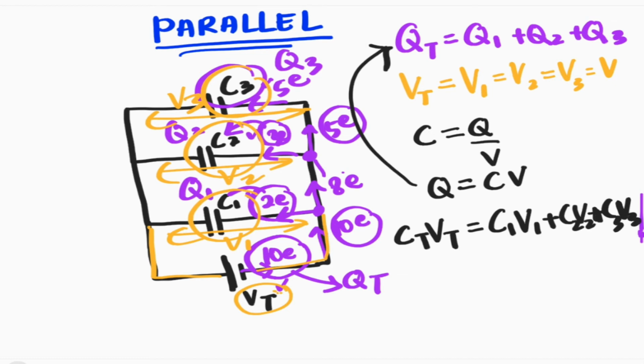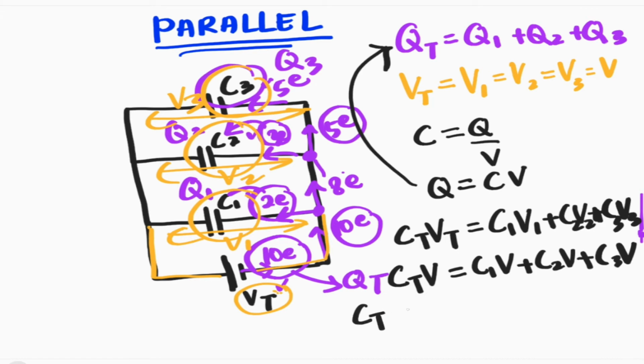And then we know that the voltage is all the same, so C total V equals C1V plus C2V plus C3V. So the remaining equation is C total equals C1 plus C2 plus C3. So this is the effective, total or equivalent capacitance for capacitors connected in parallel.